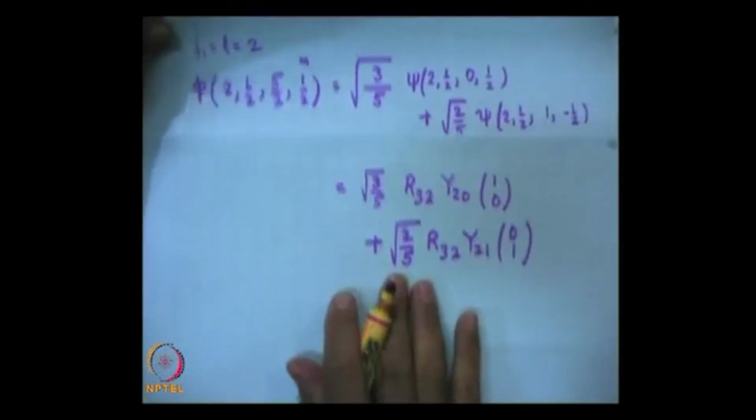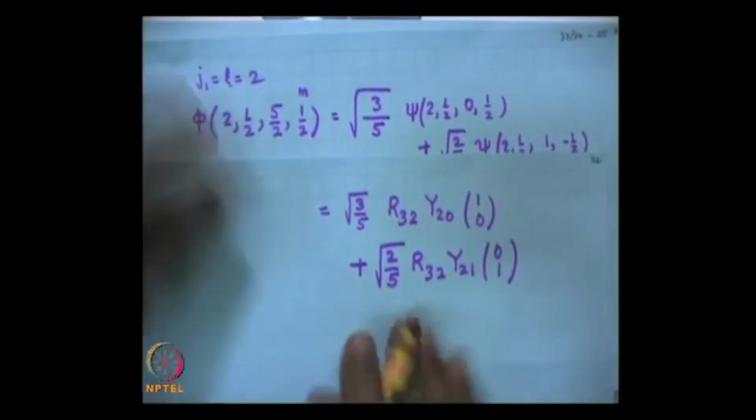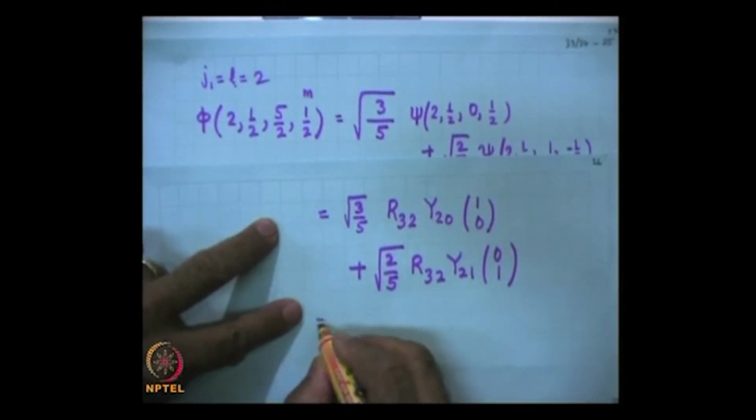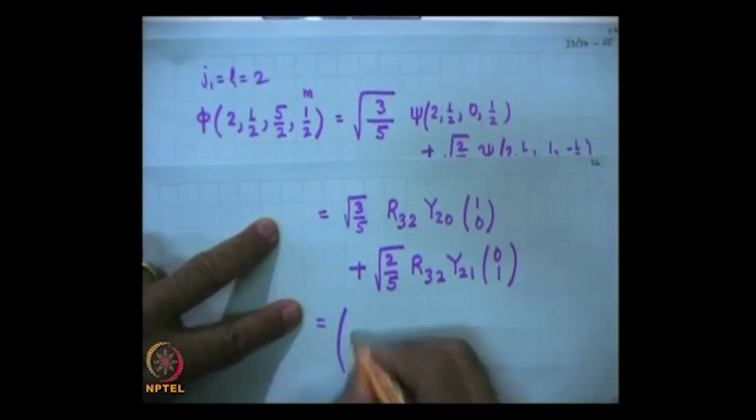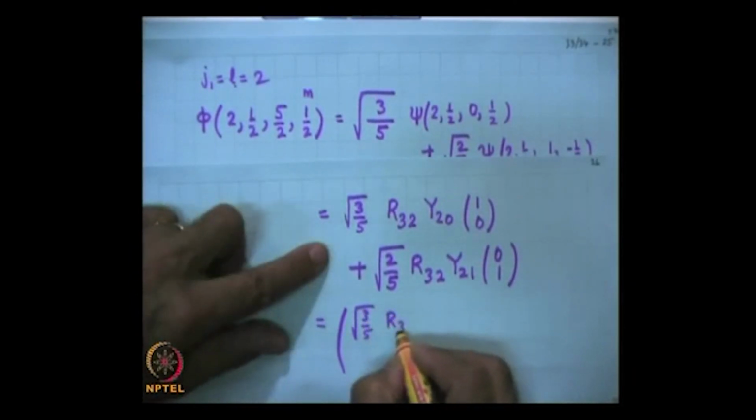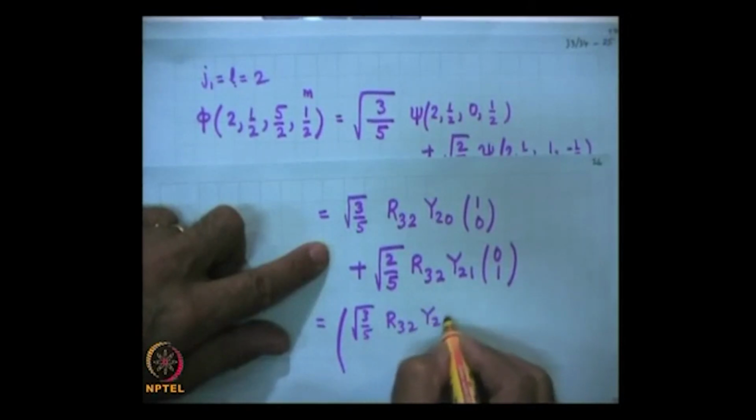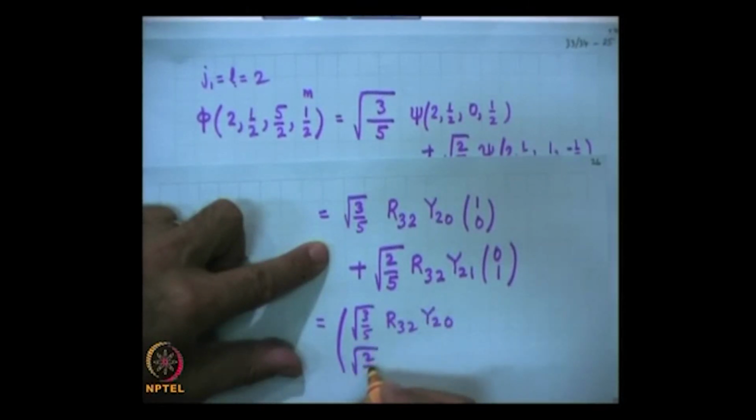Therefore, the corresponding Pauli wave function is square root of 3 by 5 R 3 2 Y 2 0 under root of 2 by 5 R 3 2 Y 2 1.